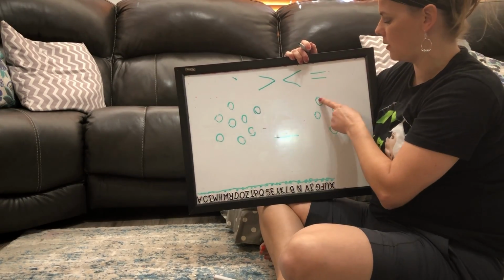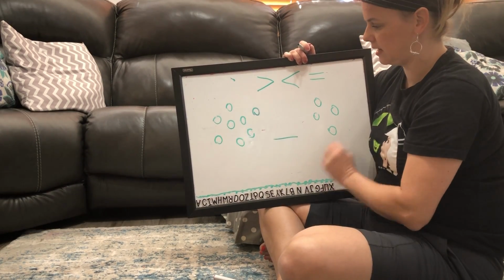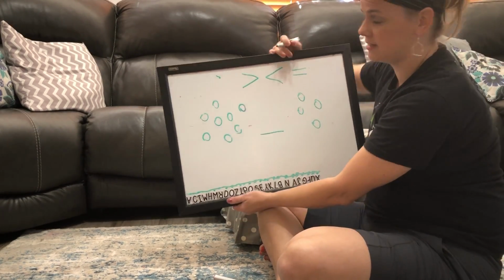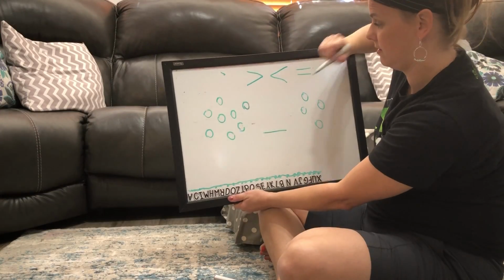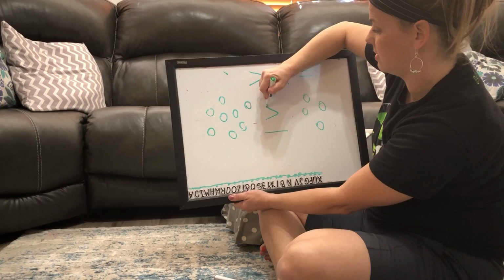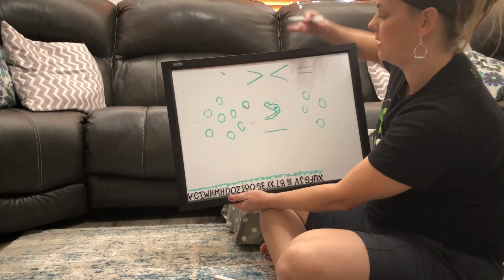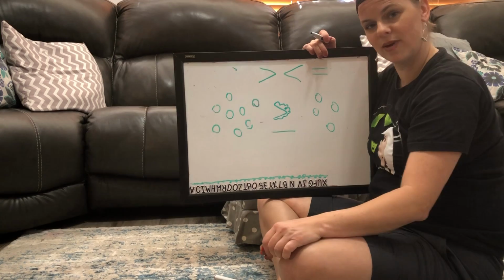And how many are on this side? 1, 2, 3, 4. So 8 balls is greater than or less than 4? Greater. The greater gator opens his mouth towards the bigger one.